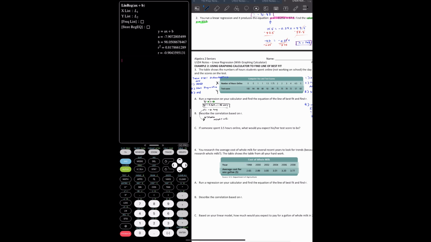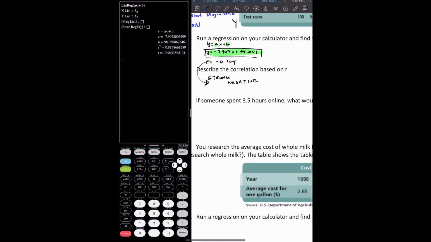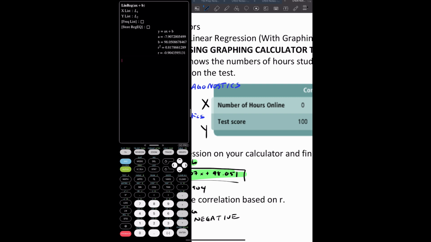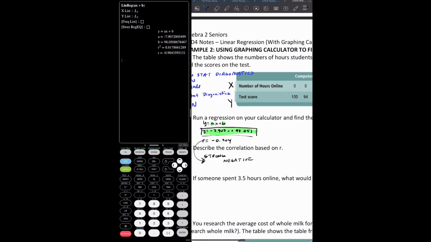Now, C says if someone spent 3.5 hours online, what would you expect his or her test score to be? So what I need to do is I'm going to use this equation that I found on my calculator and replace the x value with 3.5, because we know that hours are the x values, and since this number is part of the domain, let's just replace x with 3.5 to find what the test score or y value would be.